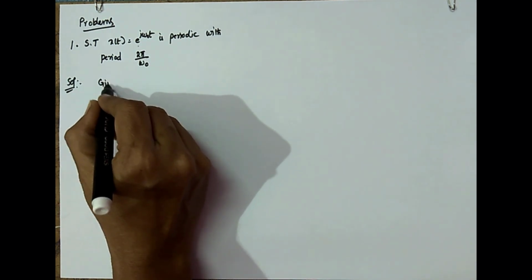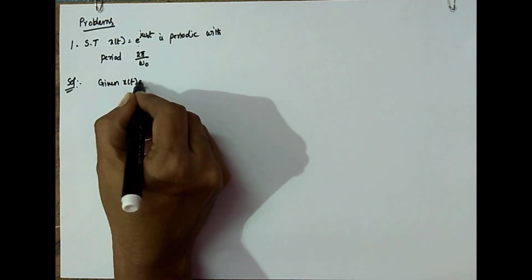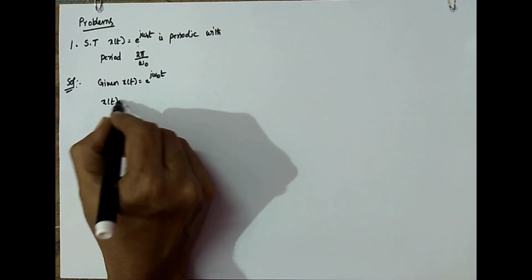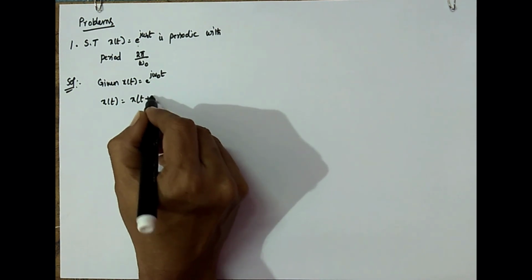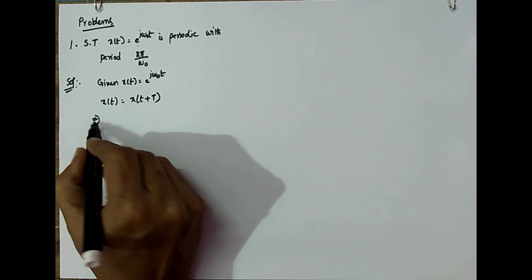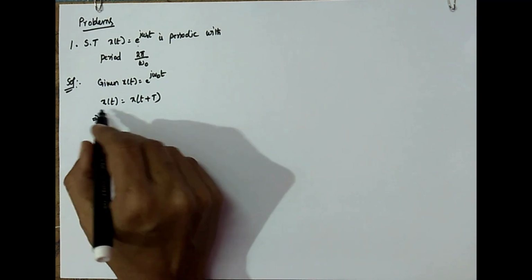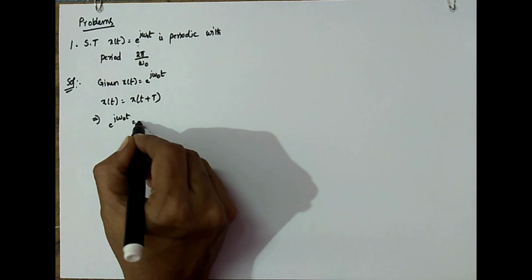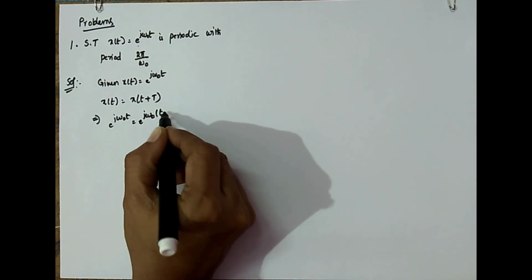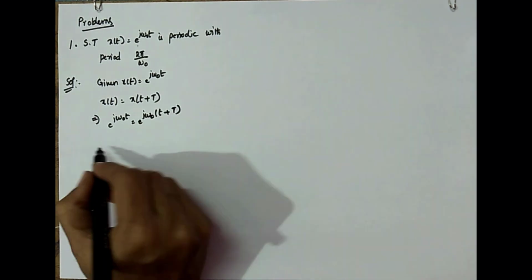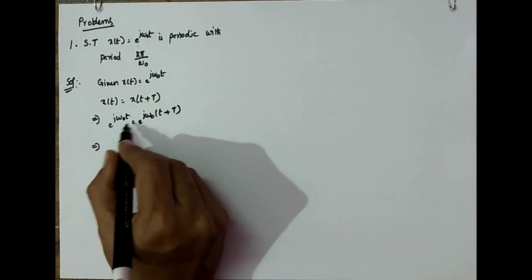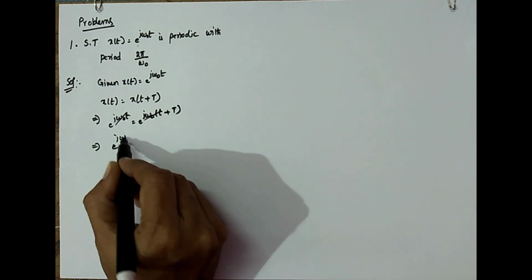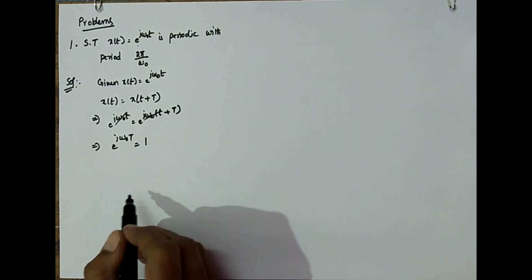So given x of t equal to e power j omega naught t, what is our periodicity condition? x of t must be equal to x of t plus T. So simply we'll write this given x of t in terms of the periodicity condition. e power j omega naught t equal to e power j omega naught of t plus T. So what are you going to get? This gets cancelled, and you're going to get e power j omega naught T is equal to 1.